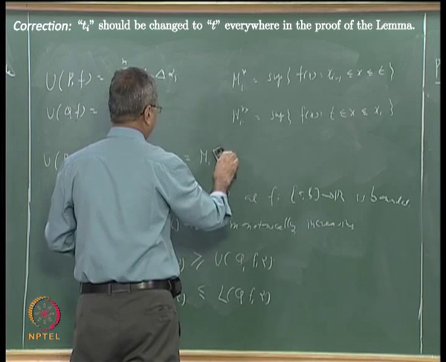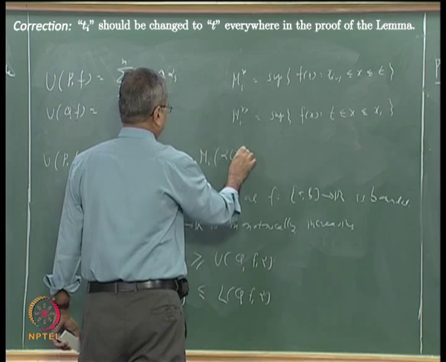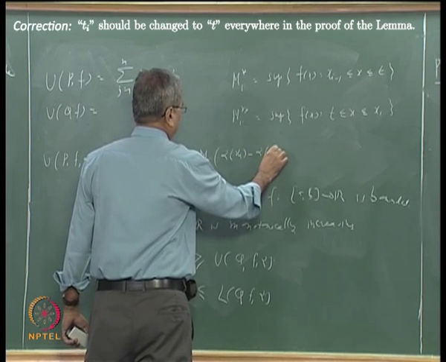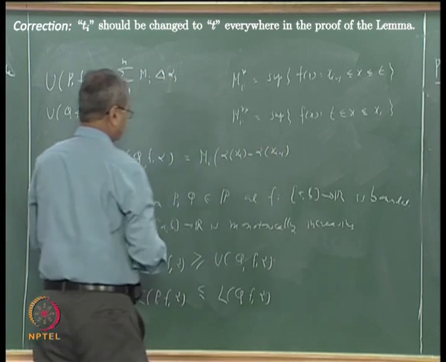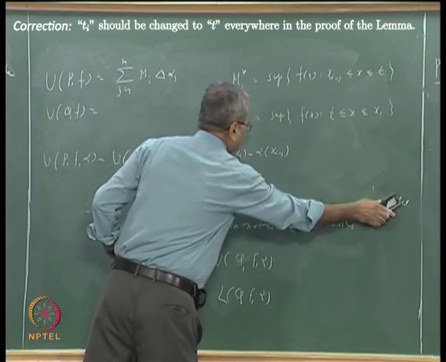Let us write delta alpha_i in the full form. What is delta alpha_i? It is alpha(x_i) minus alpha(x_{i-1}), that is because of this. And what comes from this?